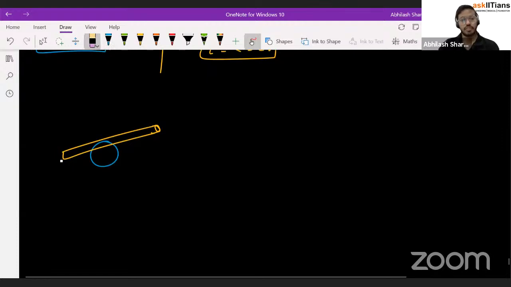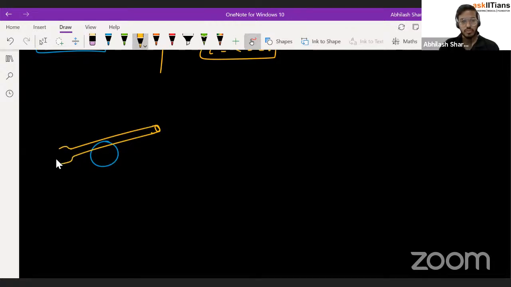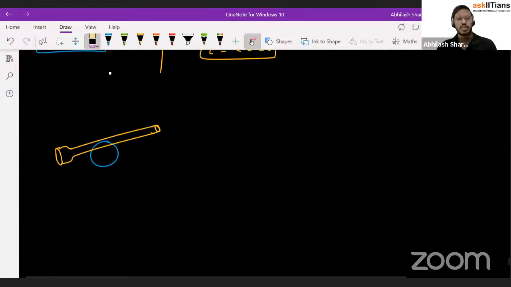And from the end, obviously, it is a little thicker because that is where you load all your gunpowder and explosives. So that's how a cannon looks.